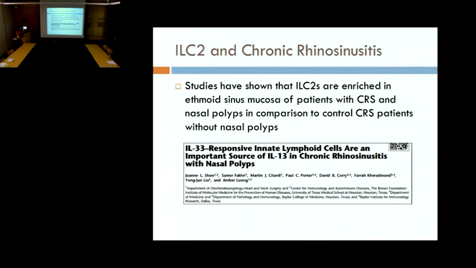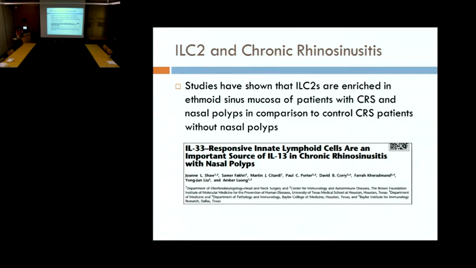So then, looking at ILC2s and their role in chronic rhinosinusitis, this is actually a little bit interesting to note that apparently chronic rhinosinusitis patients with nasal polyps have an inflammatory process different from those without nasal polyps. Without nasal polyps, it operates through a Th1 cytokine profile, and with nasal polyps, through a Th2 cytokine profile.